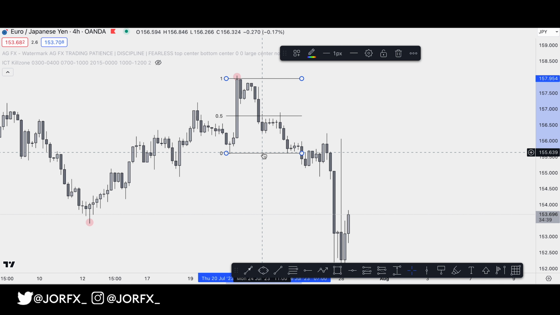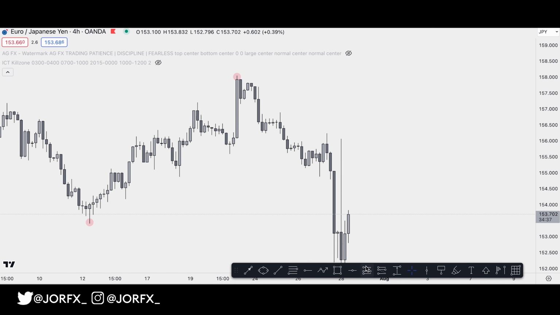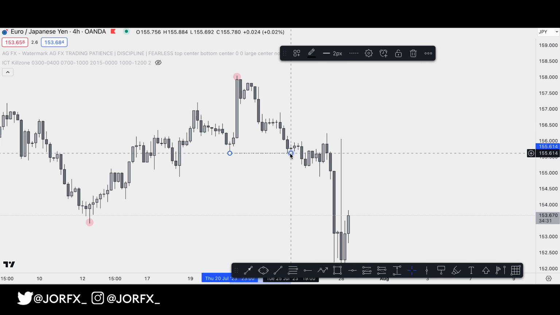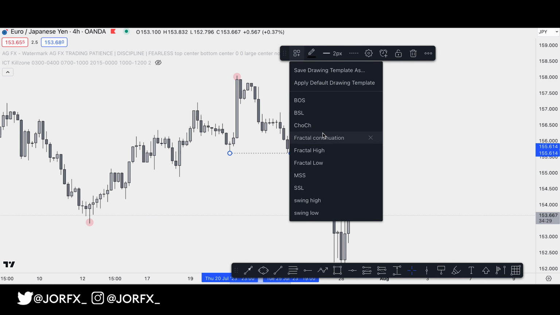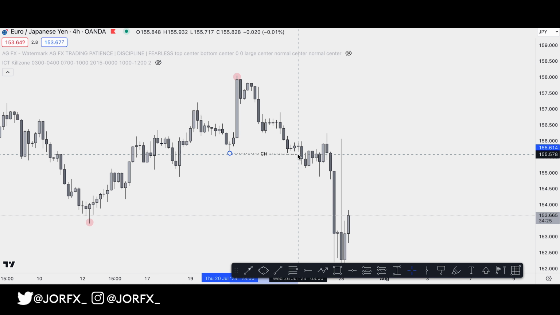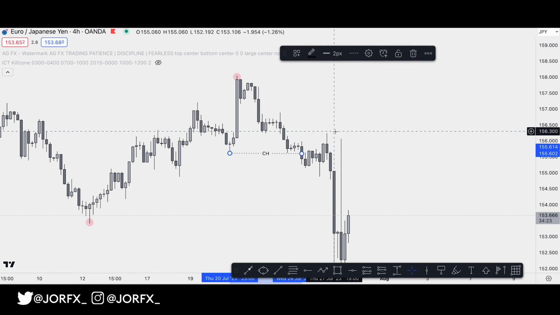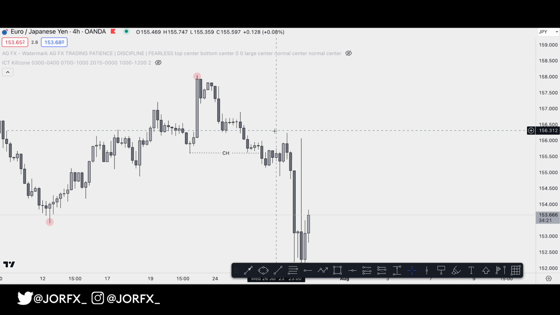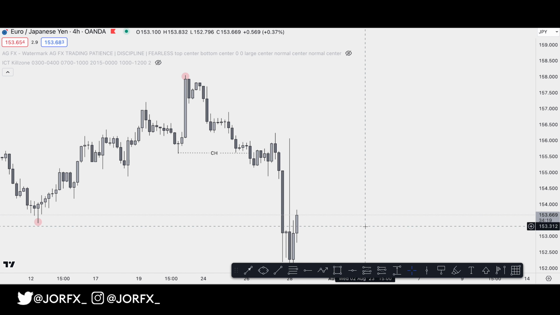Then again, we come underneath the 0. What happens? We have our break of structure. So right here, break of structure, or what is also called a change of character, or market structure shift on the higher time frames actually. But let's just call it a change of character right here. So that happens.